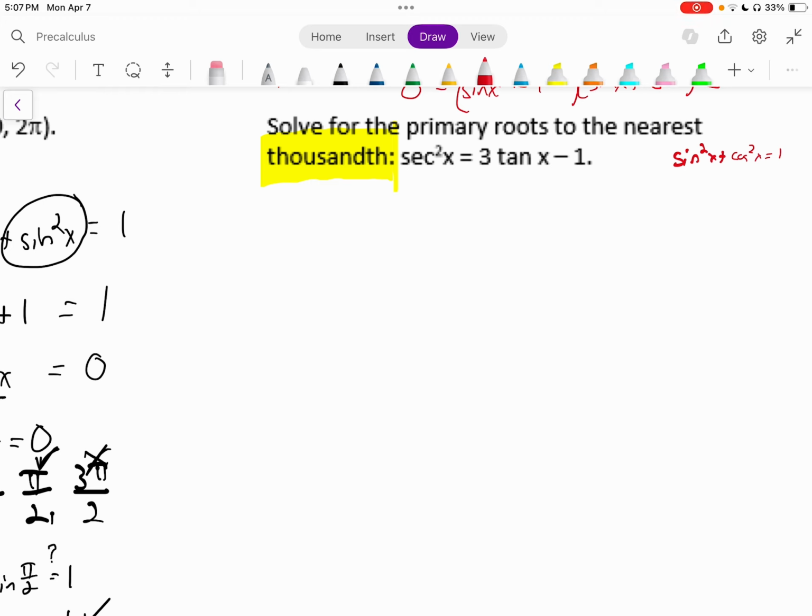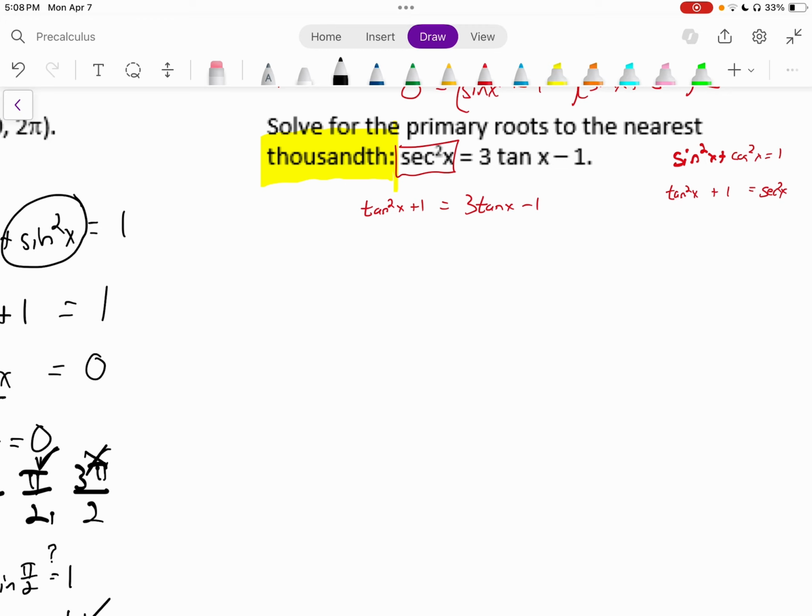But we also learned that tangent squared plus 1 is equal to secant squared. And so we can take out the secant squared and put in tangent squared x plus 1 equals 3 tangent x minus 1. And from here, this is quadratic like, so we can get everything to one side.